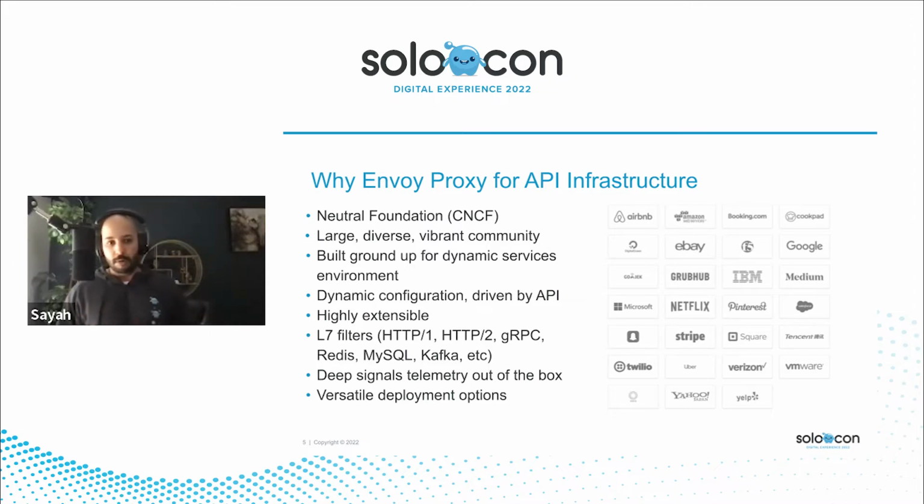It's a small, robust, and easily manageable proxy. It is one of the main building blocks for all the cloud native technologies. It is HTTP2 first. It supports gRPC. It supports low level protocols, and it is actually driven with an API. So you can configure everything through a control plane.